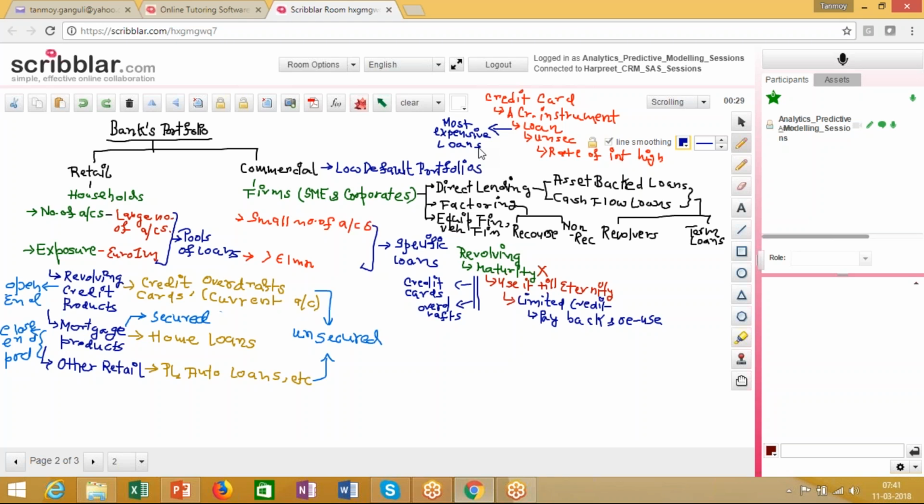So basically, the two most important characteristics of a credit card as a business product are, number one, the balance, and the second, the limit.